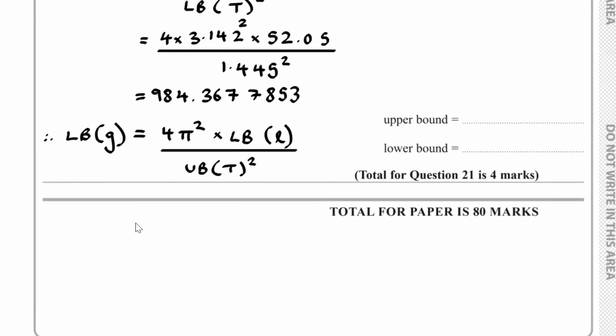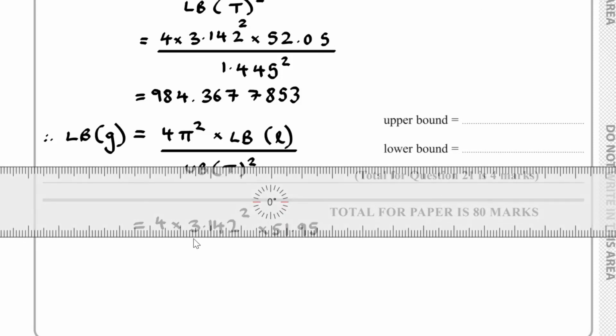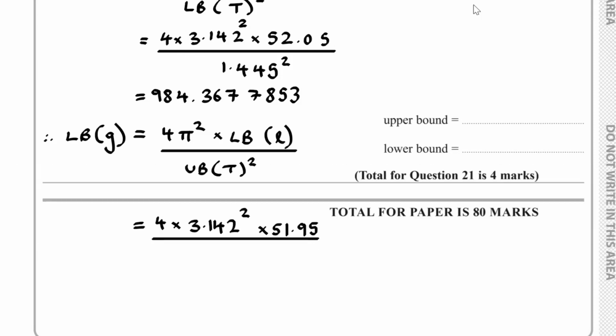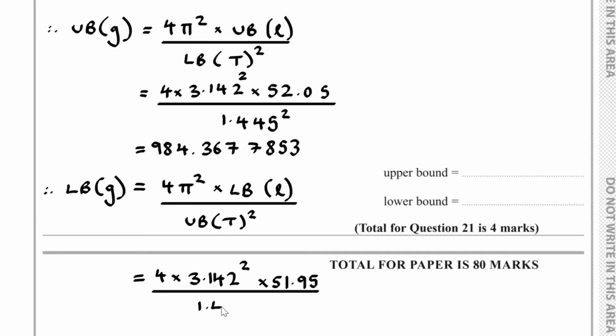So if I work this out, I've got 4 times 3.142 squared times the lower bound, which is 51.95, and then I divide by the upper bound squared, so that's 1.455 squared.